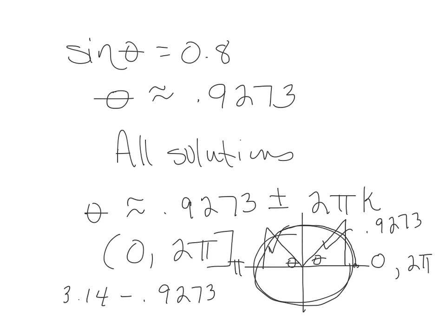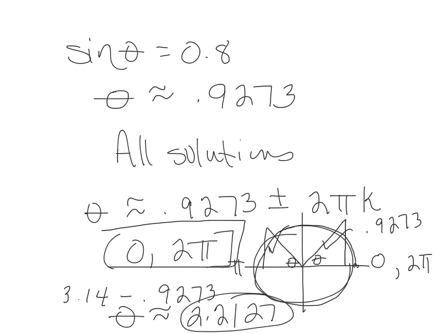So we would take our calculator and we would go 3.14 minus 0.9273, and we would get radians of 2.2127. Now, if I were to hit sine of 2.2127, I would get roughly 0.8 if I rounded. So you have two answers here. 2.2127 is the other answer if I had said find the answers from 0 to 2 pi.